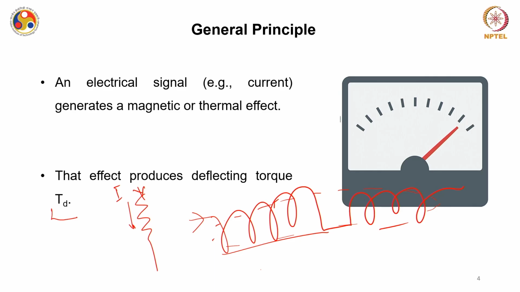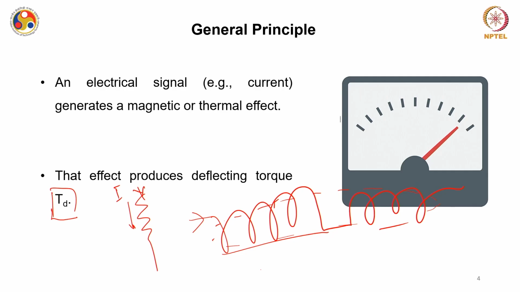And because of these effects, there will be a torque produced, and this torque I am calling a deflecting torque, or Td. We will discuss these concepts later on when we talk about specific analog meters, but for the time being, try to visualize these conditions.